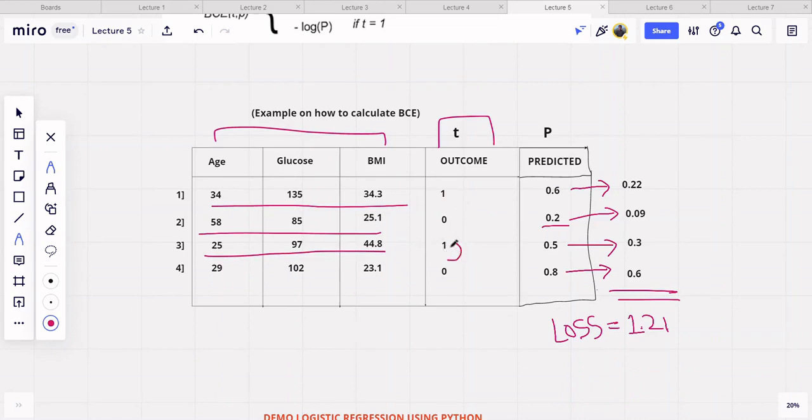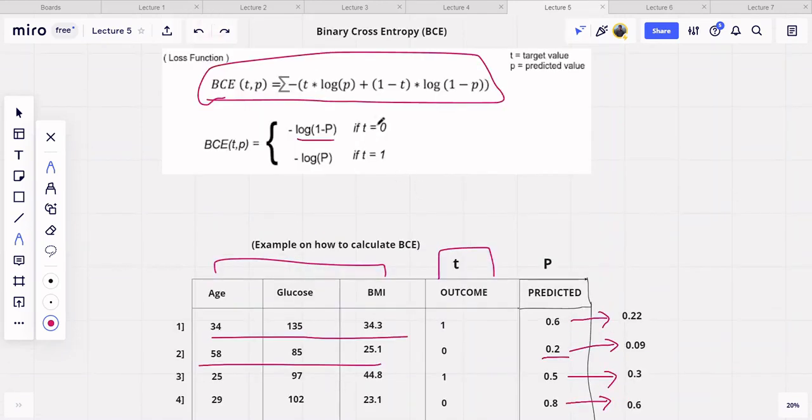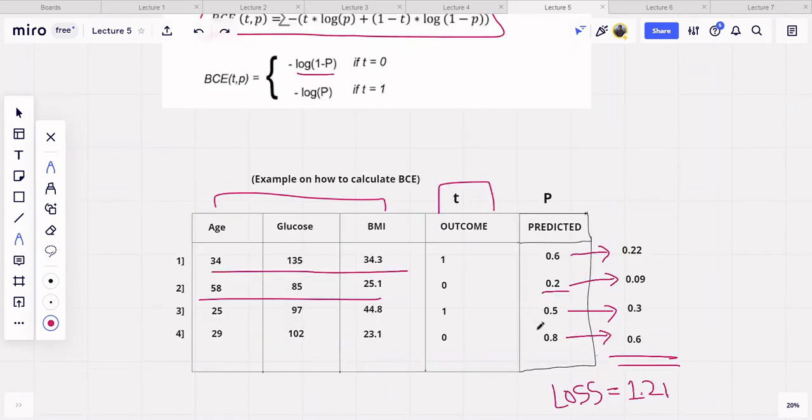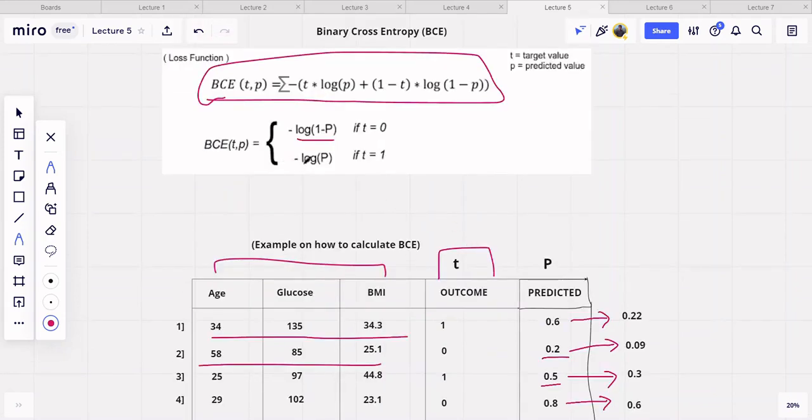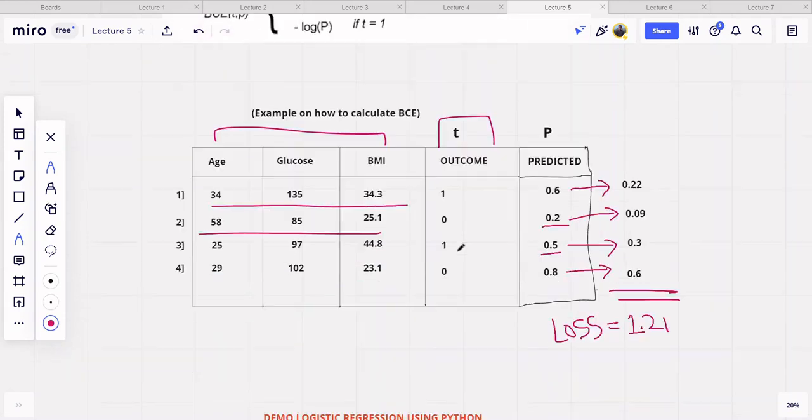According to the condition, we find minus log of p, and our p is 0.5. So we find minus log of 0.5, and the outcome will be 0.3. If we do the same thing for the fourth sample, the value that we get is 0.6.